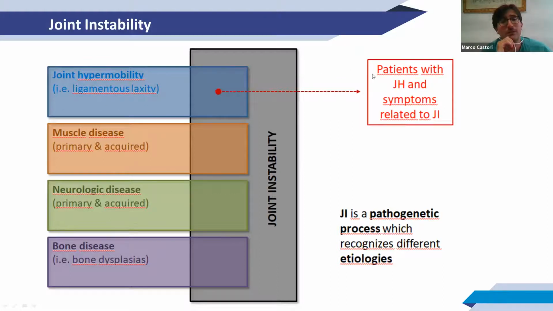So again, in front of joint instability, it's correct to think of joint hypermobility, but your mental flow chart should also include these other possible causes.